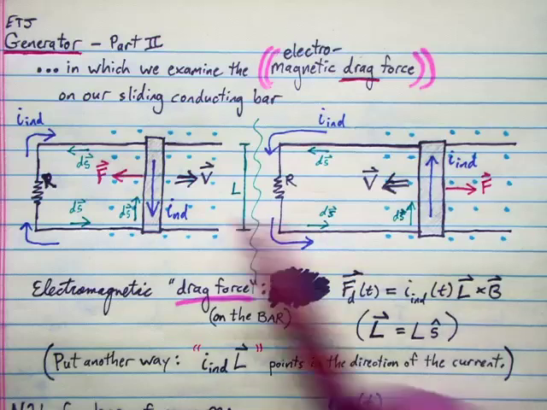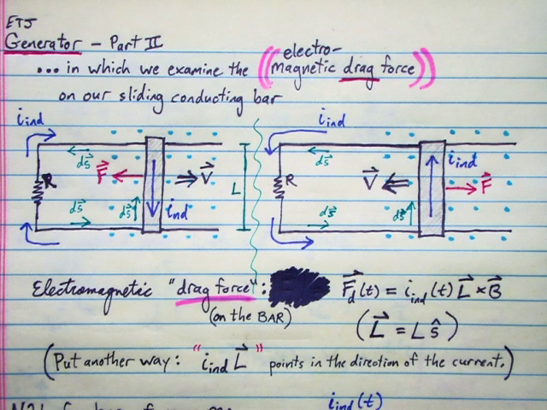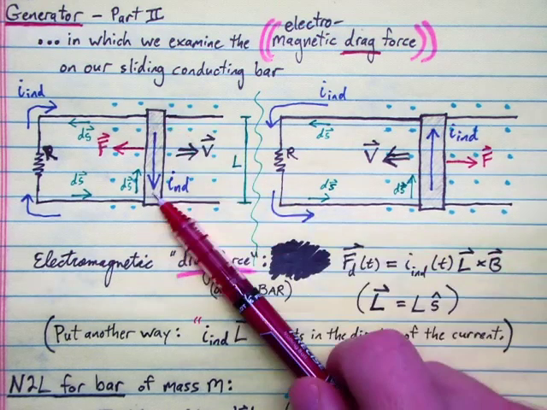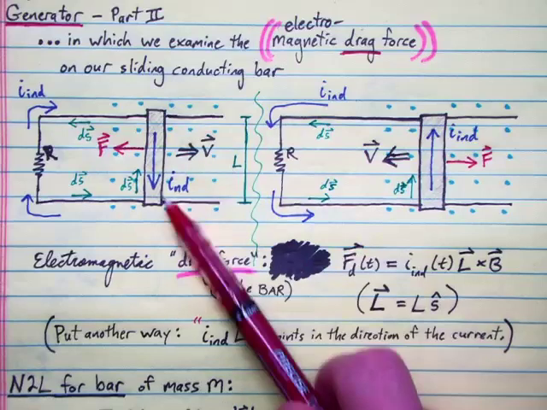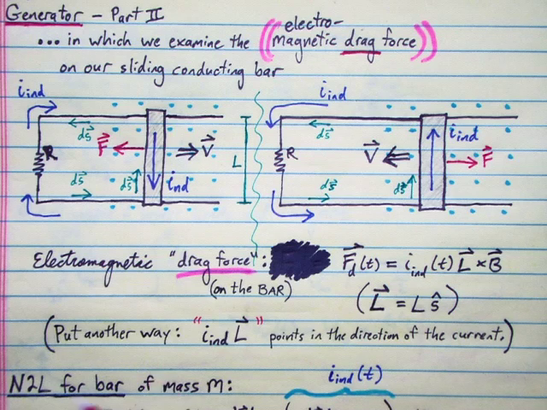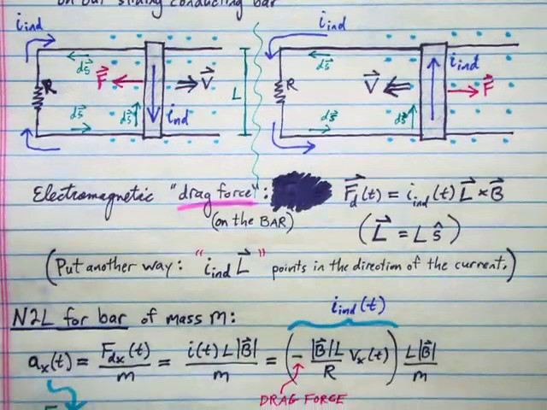Okay, so we figured out the direction of that force. It's now an interesting question to consider the subsequent motion of this conducting bar. If it has mass m and is subject to this drag force here, then we could apply Newton's second law to it.